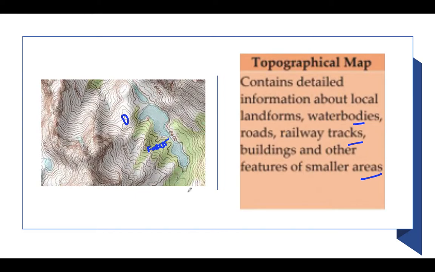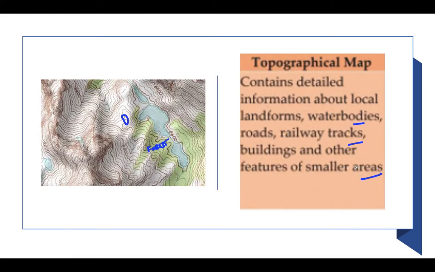After that there are mountains, and whether the mountain range is too high or the slopes are steep, it shows everything in detail. So a topographical map shows the local landforms, water bodies and everything in detail. Clear?